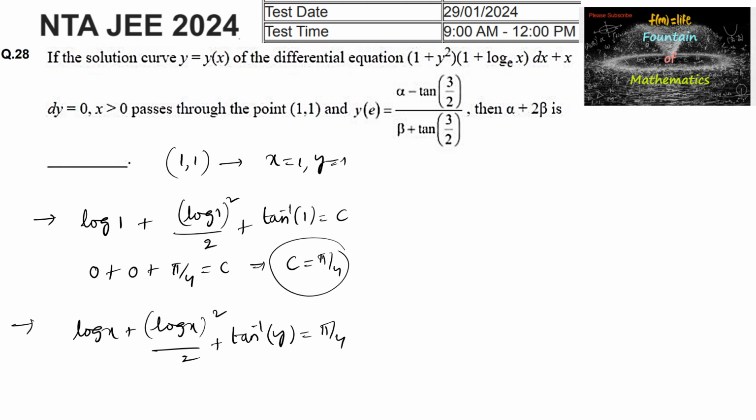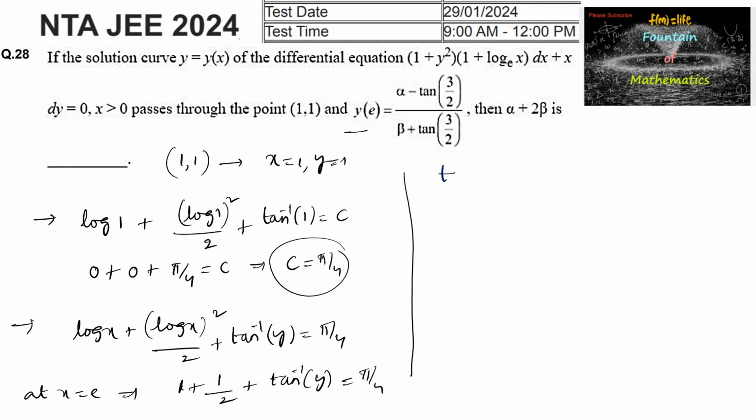Now substitute x = e. At x = e, log e value is 1, and (log e)² by 2 is 1 by 2, so together 3 by 2, and again tan inverse of y is equal to pi by 4 minus 3 by 2, or y is equal to tan of (pi by 4 minus 3 by 2).